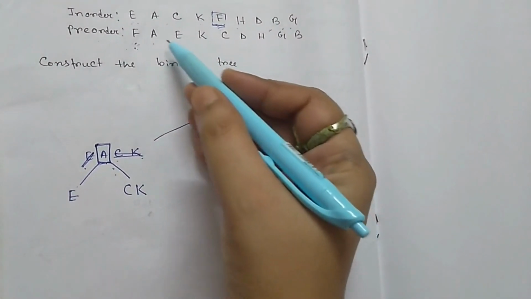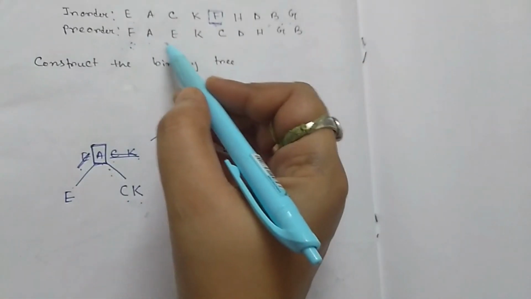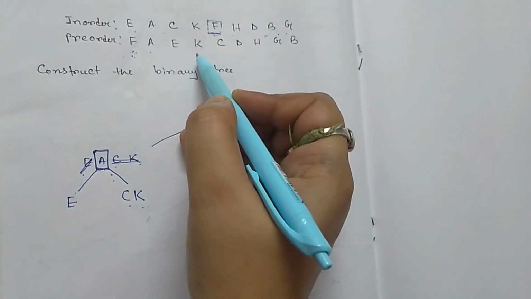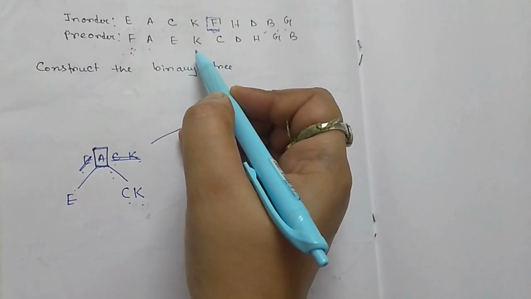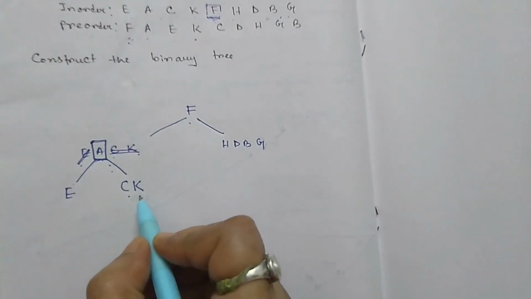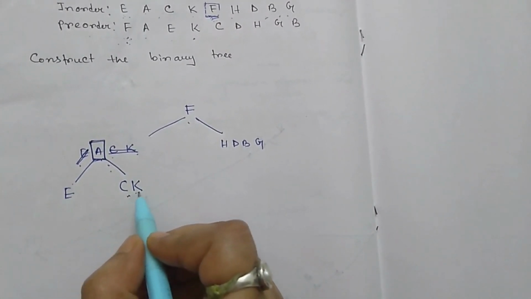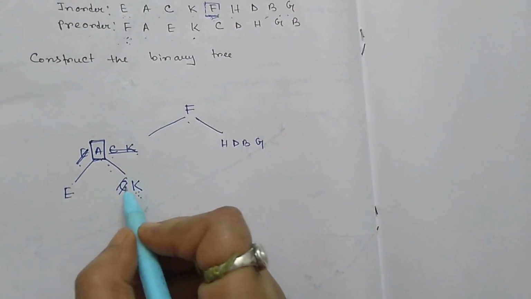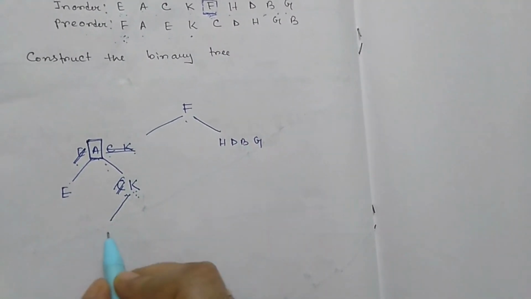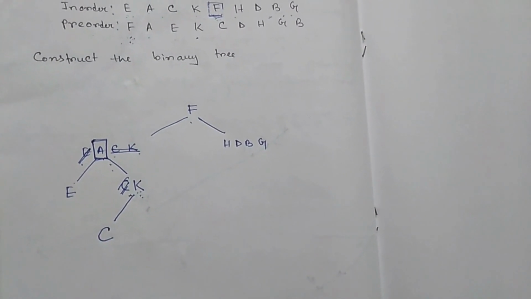Here we see that between C and K, K occurs earlier in the pre-order sequence. For that reason, K is the root value. If K is the root value, C is in the left position of K. For that reason, C is situated in the left position.